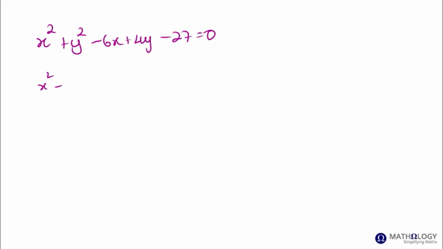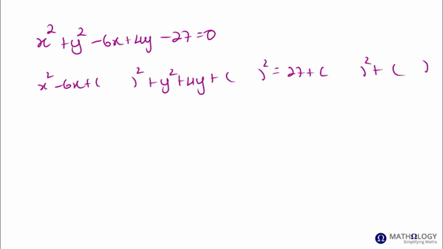So x squared minus 6x plus bracket squared, plus y squared plus 4y plus bracket squared, equals 27 plus bracket squared plus bracket squared. In the first bracket, half the coefficient of x, half of minus 6 is minus 3. And in the second bracket, half of 4 is 2.